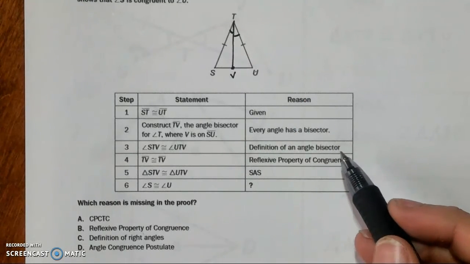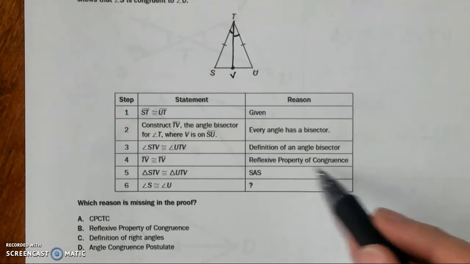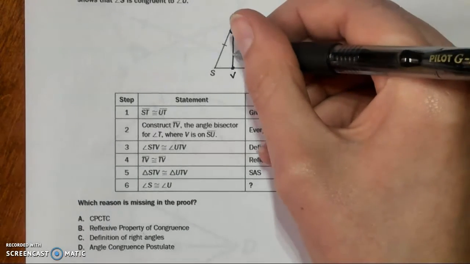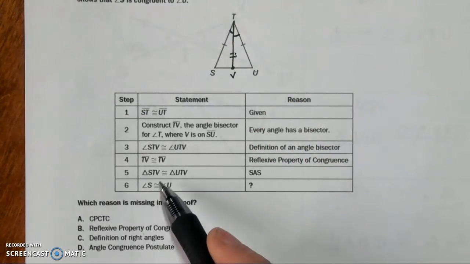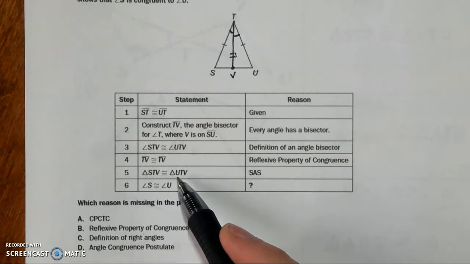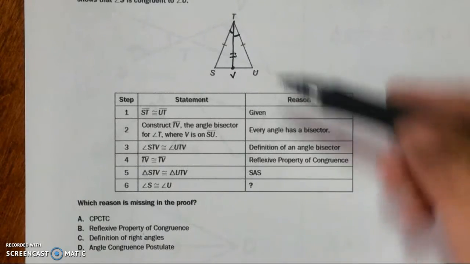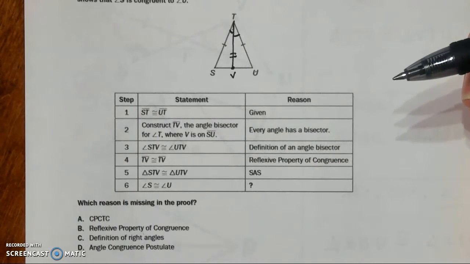So if it's cut in half, then they're both the same. And then we have TV is congruent to TV. That's the reflexive property of congruence. So I can mark that. These two are congruent. And we have that triangle STV is congruent to triangle UTV by side, angle, side. Side, angle, side. Everything's making sense so far.